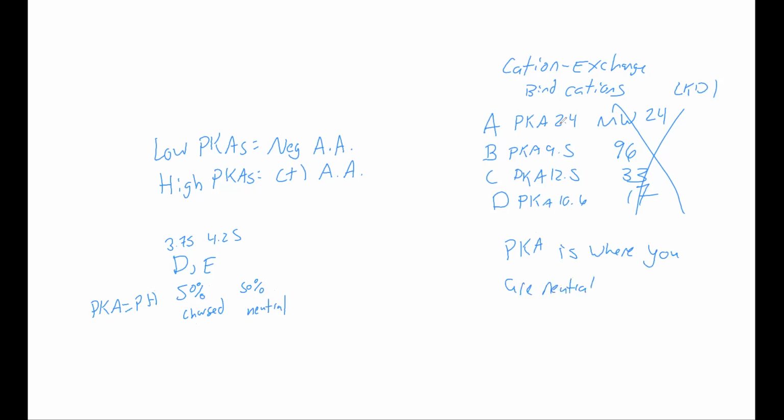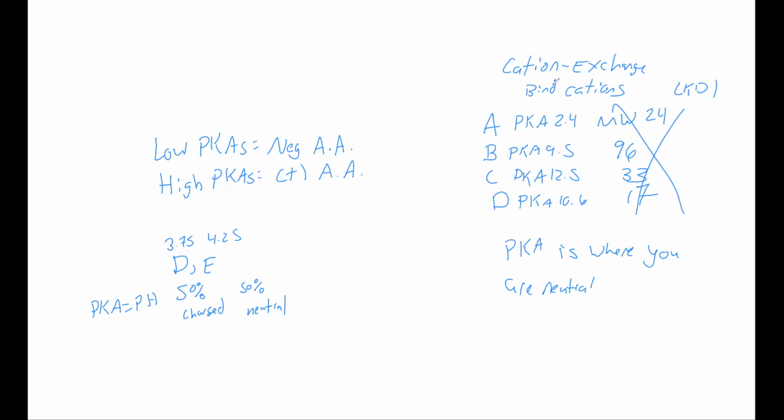So for example, if protein A is only neutral charge at a pH of 2.4, that's what this means, then it must have a lot of negative amino acids, because it needs all the protons in solution to protonate those negative amino acids and become a neutral molecule.